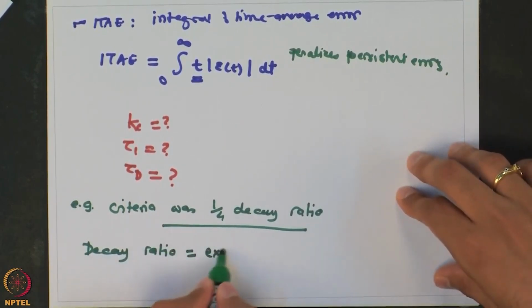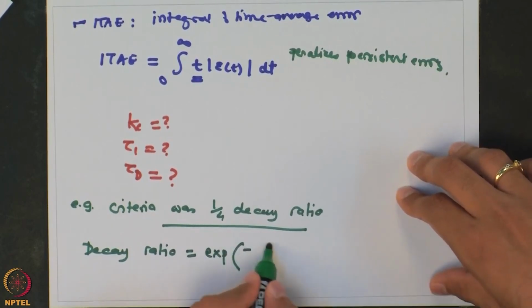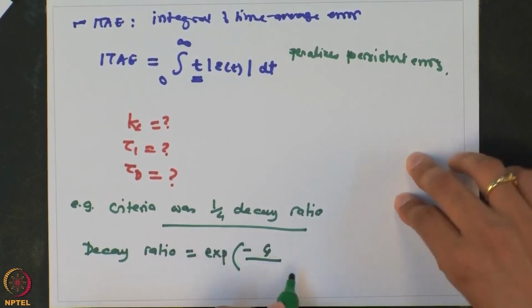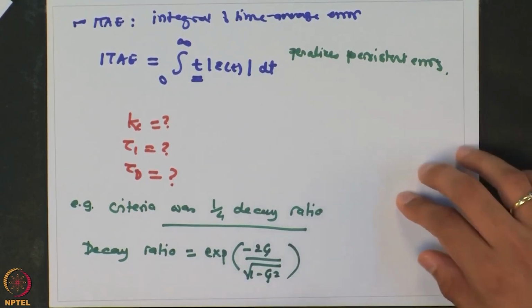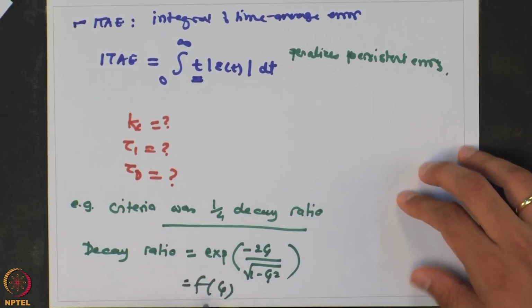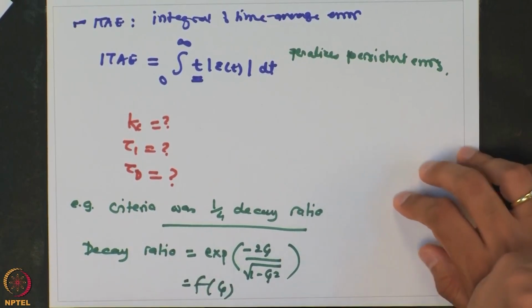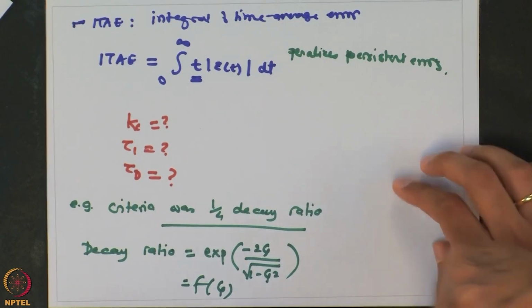is for a second order system given by minus twice pi zeta over root of 1 minus zeta square, or it is a function of damping coefficient. Smaller is the damping coefficient, larger will be the decay ratio.